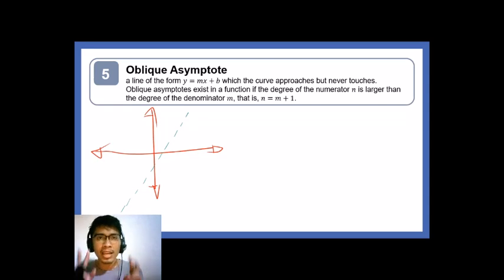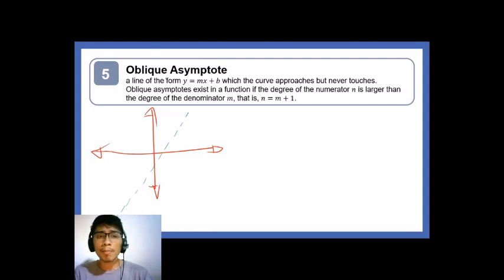So again, every time we deal with a rational function, you have two asymptotes that you need to consider: first is vertical and horizontal, or vertical and oblique. That's the thing you need to remember every time you deal with rational functions.